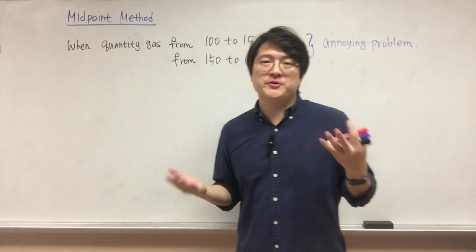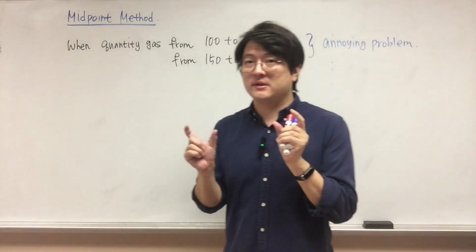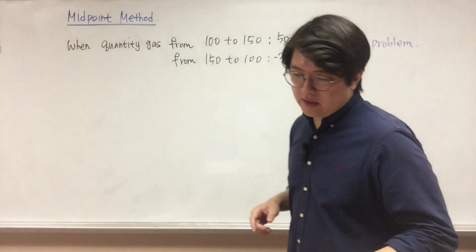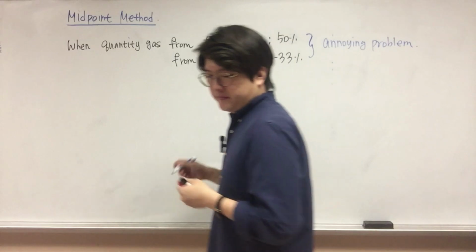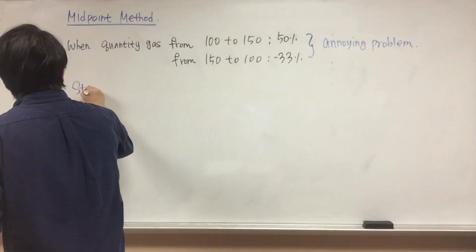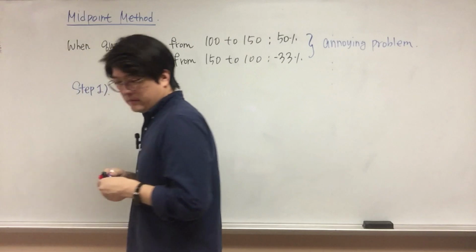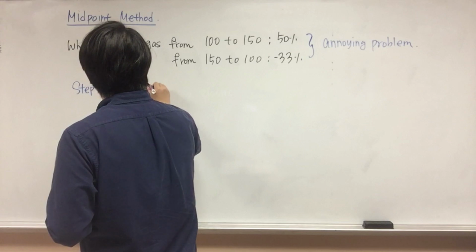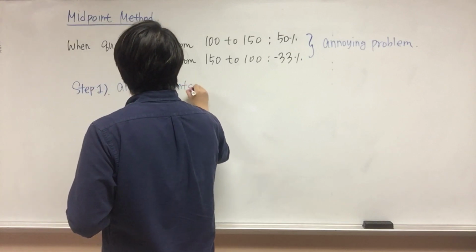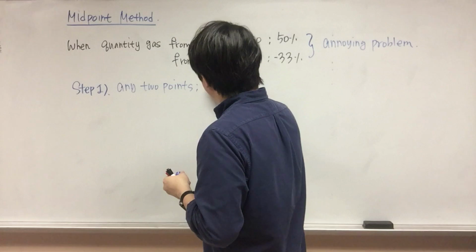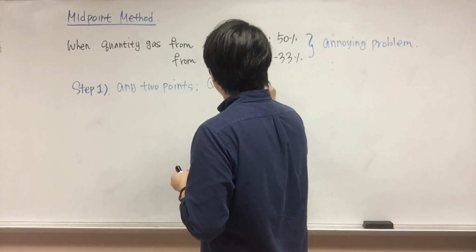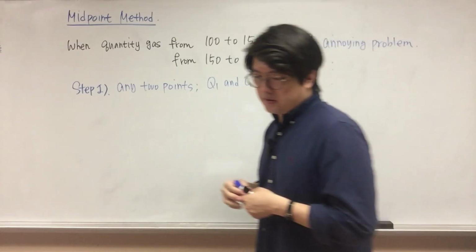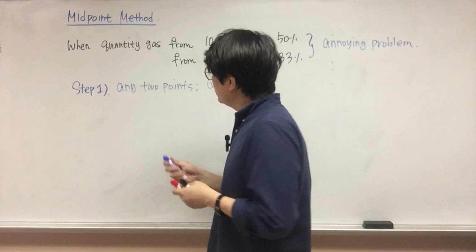One way is to use the average of the two points. If you use the midpoint, it goes as below. Step one: if we have any two points, Q1 and Q2, which are quantities, how can you find the percent change in quantity?